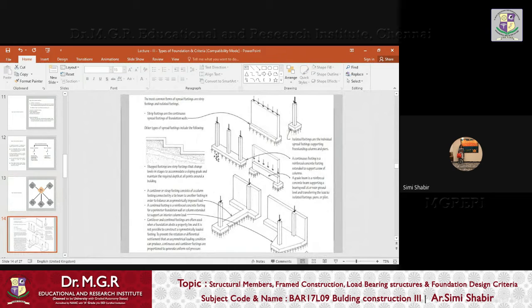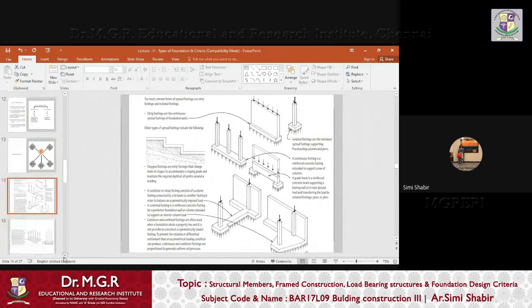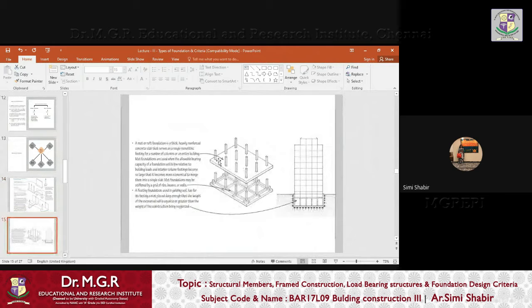Here you can see the stepped footing, cantilever or a strap footing, etc. These are the different types of shallow foundations. Here you can see a mat or a raft foundation where many columns are taken care of, and the load is eventually transferred by means of placing a raft or a mat.